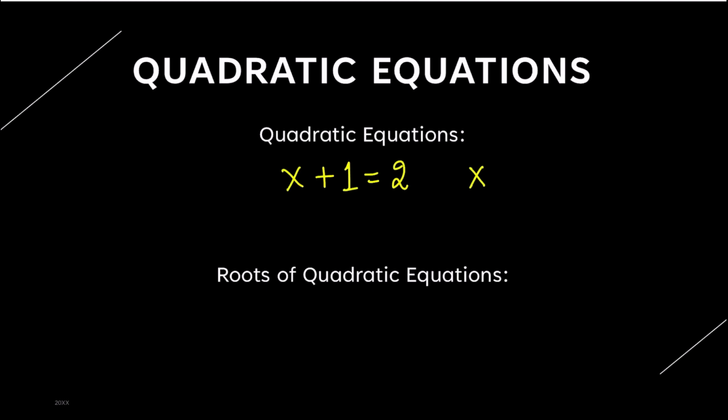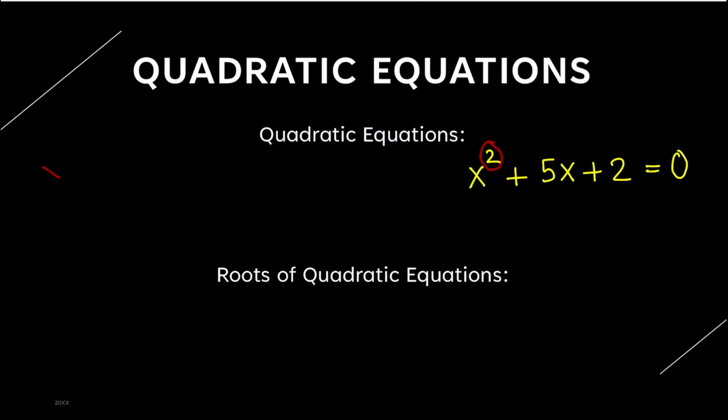But when the power of x is 2, that makes it a quadratic equation. I hope this is clear. When the maximum power is 2, that is a quadratic equation. When the maximum power is 1, that is a linear equation. I hope this is clear, first thing, right?